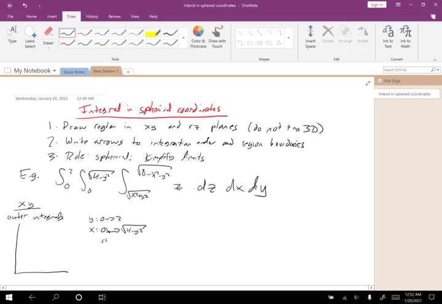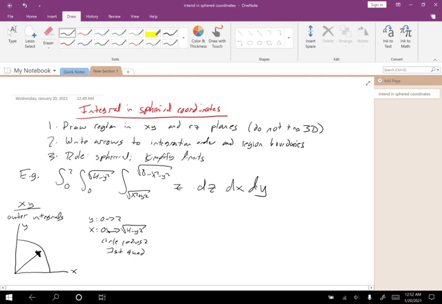Really, this is just the circle of radius 2 in the first quadrant. Okay? So in xy, draw a circle of radius 2. And I'll just draw some arrows to indicate this is the region inside the circle.